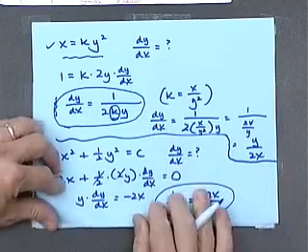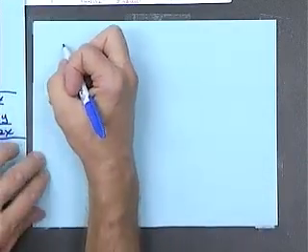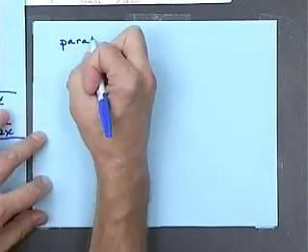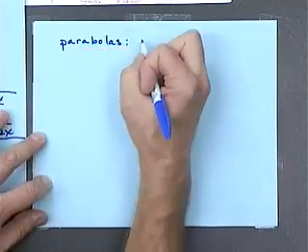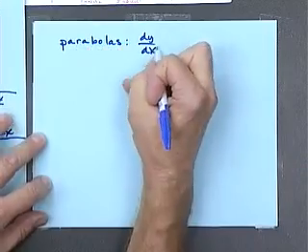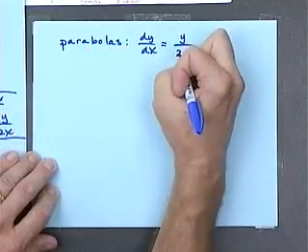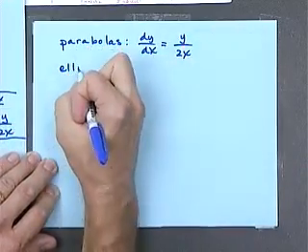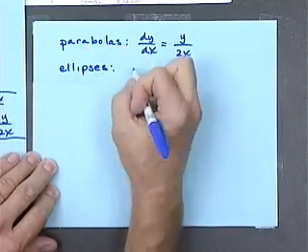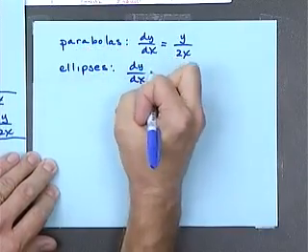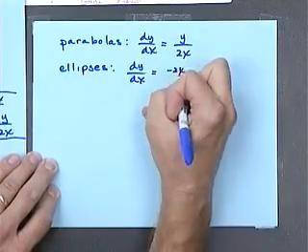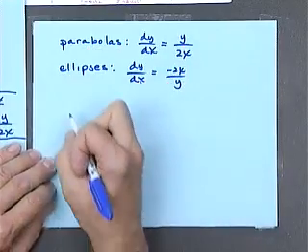This derivative up here for the parabolas, dy over dx ends up being y over 2x, and for the ellipses, the derivative is negative 2x over y. So they are negative reciprocals.